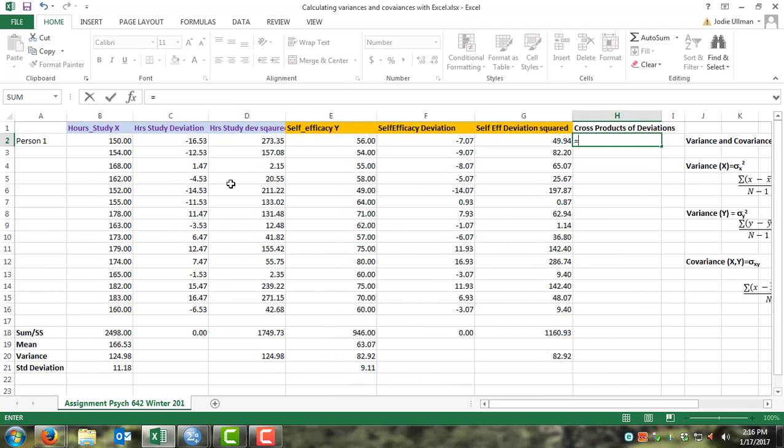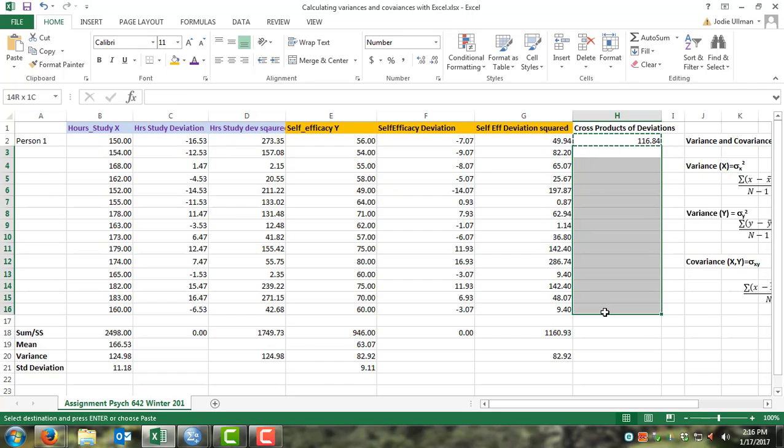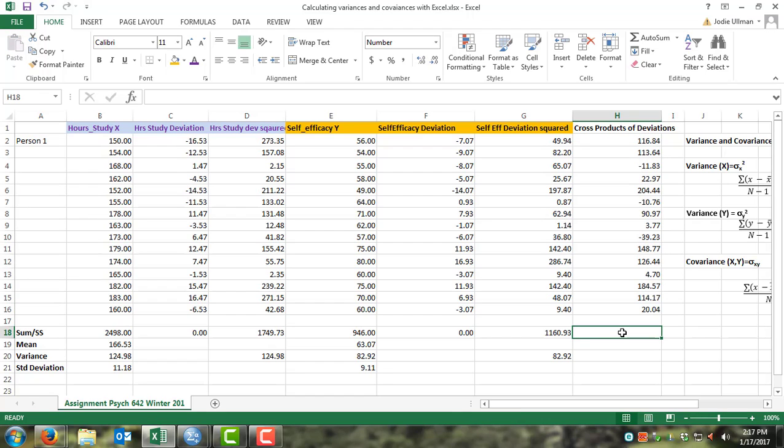So that would be this one, times, and that is the little asterisk, so it's shift uppercase 8, times the self-efficacy deviation, control C, then we scroll down, control V, let's get the sum. So this is the sum of the cross products.